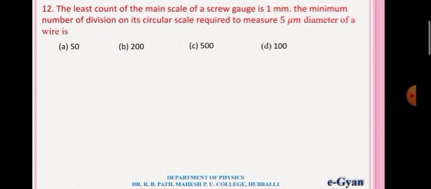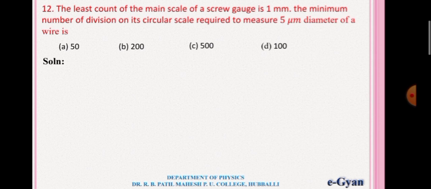In a screw gauge there are two scales, one is the main scale and the other is the circular scale, and there are some divisions on the circular scale. The question is, what is the total number of divisions on the circular scale when one main scale division is equal to 1 millimeter and the minimum value measured by this screw gauge is 5 micrometer?